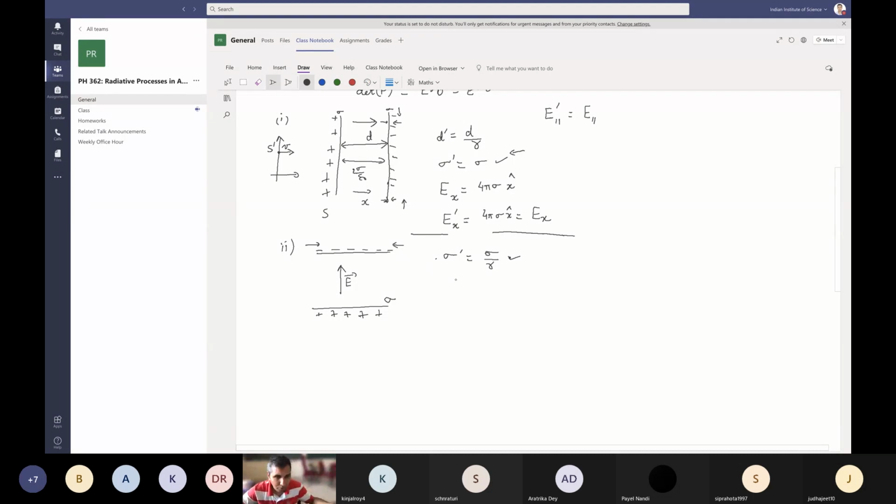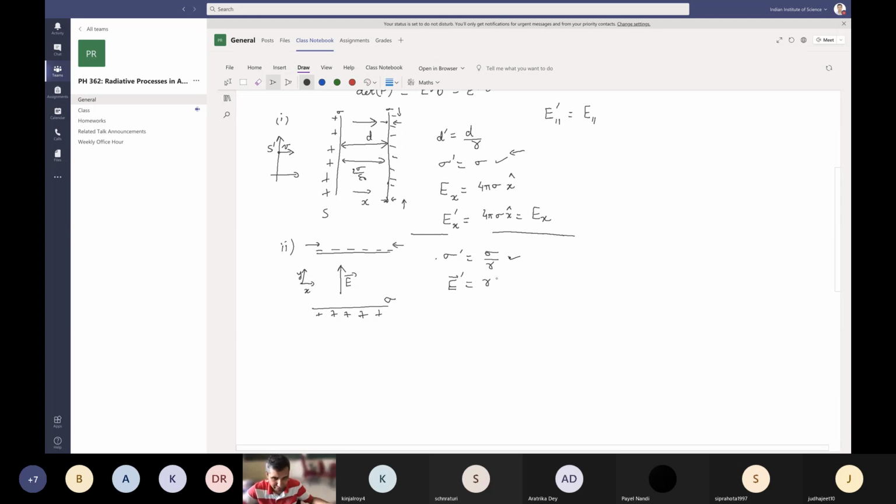So what about E prime? In this case E prime will actually be 4 pi sigma prime. So this is again the x direction and this is the y direction, and z is out of the board, out of the plane.